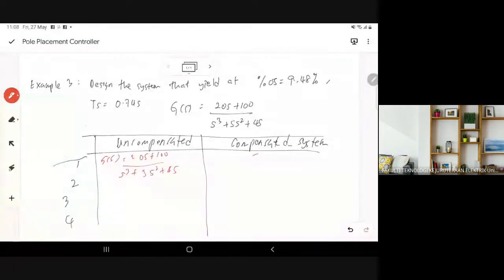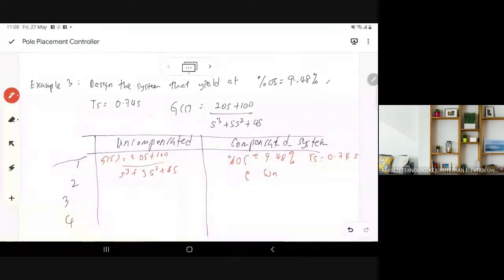In this question, the information that we need is percentage overshoot equal to 9.48%, and also the settling time of 0.74 seconds. And then after that, we need to calculate the damping ratio and also the natural frequency. Okay, so this is our main reference before we can solve this kind of question or design the controller.